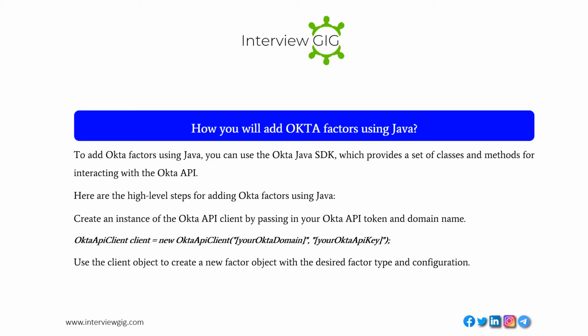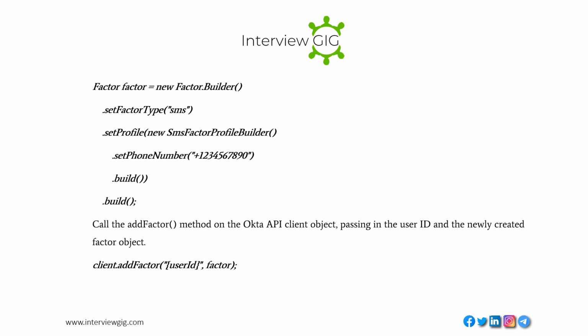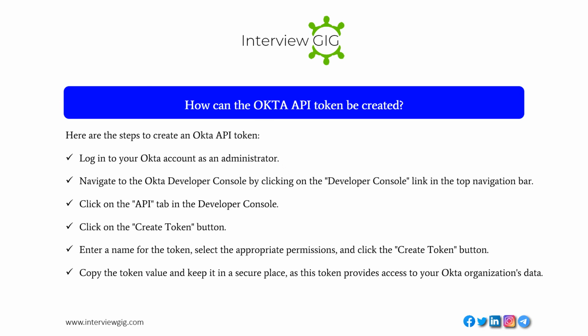Use the client object to create a new factor object with the desired factor type and configuration. Call the addFactor method on the Okta API client object, passing in the user ID and the newly created factor object.